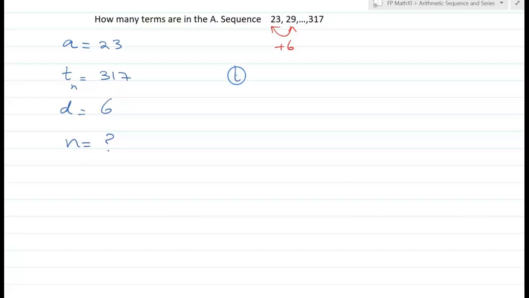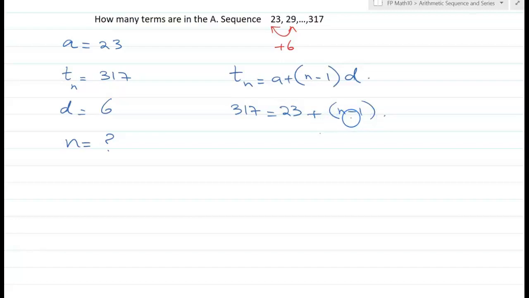All right, this is what we're going to use: a plus n minus 1 times d. So we're going to plug numbers in. Tn, we do know, is 317. Equals a is 23, plus n minus 1.